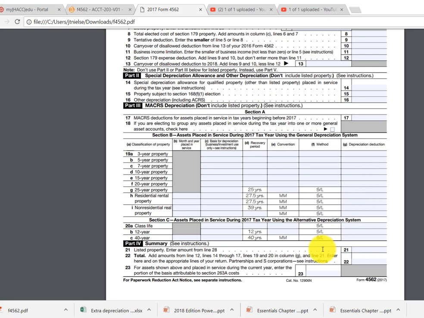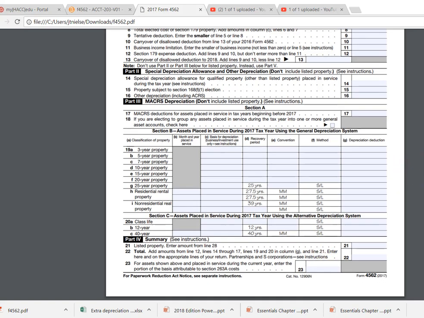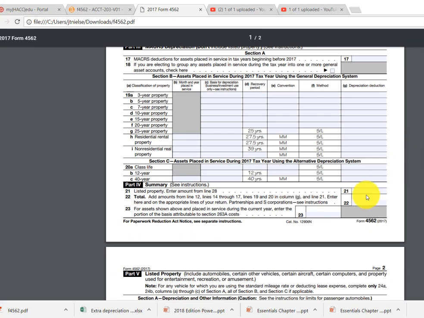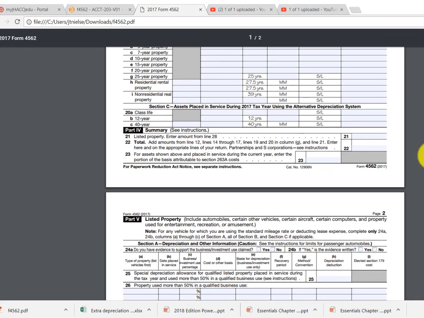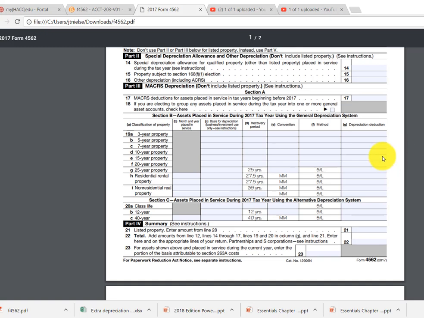Okay. Remember, listed property is on the back side, page 2 of this. Then the total from the listed property comes over here to line 21. So line 22 is the addition of line 21, which came from listed property, plus all of your depreciation deductions in this column, plus 17, plus 14.